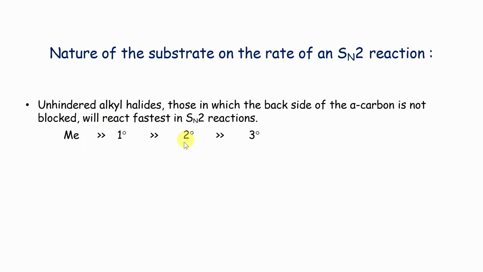then primary alkyl halide, which in turn gives a faster reaction than secondary alkyl halide, which in turn gives a faster reaction than tertiary alkyl halide. That means methyl halide gives the fastest SN2 reaction, and the tertiary alkyl halide usually gives the slowest rate in SN2 reaction.